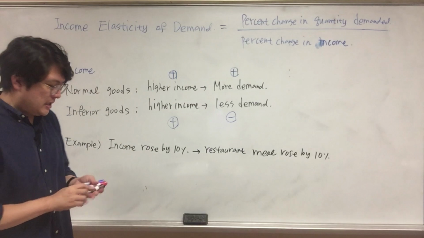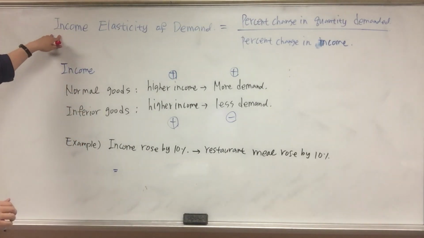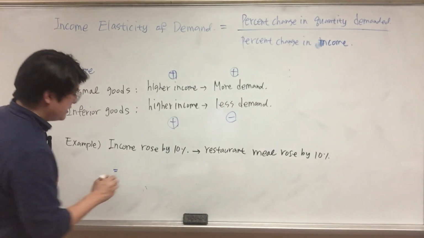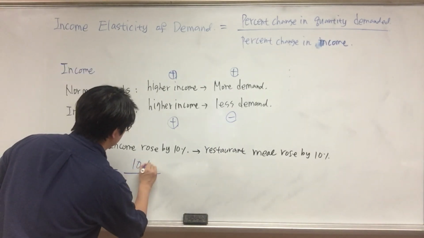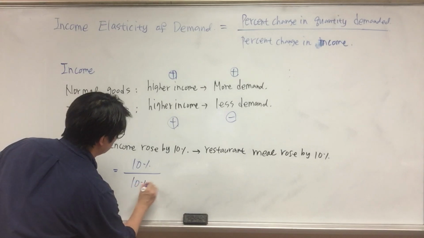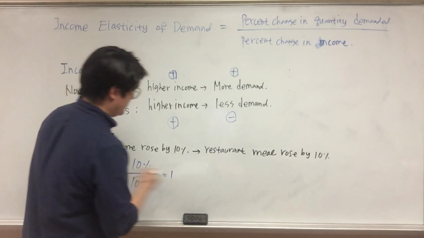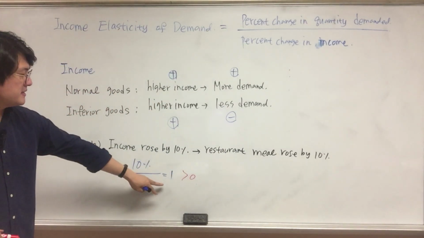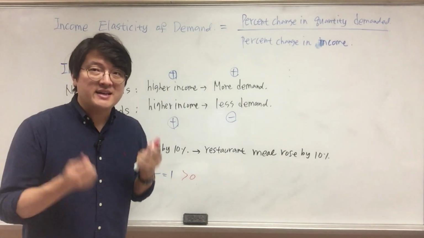So how can you find the income elasticity of demand? The numerator is what? 10%, and the denominator is also 10%. It is 1, which is greater than 0. As you know, if the elasticity is 1, we can call it unit elastic.